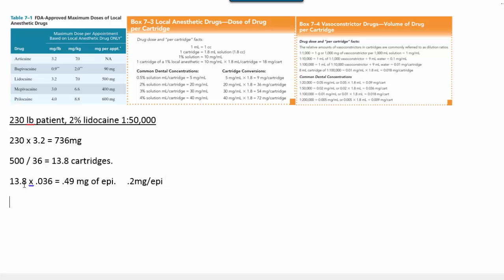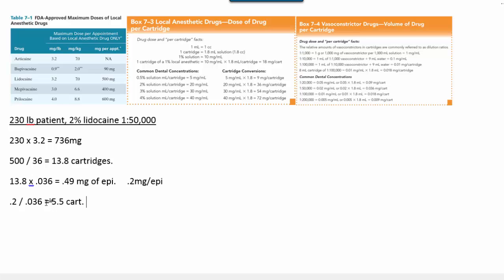But how many carpules can he have at 1 to 50,000? If each carpule of 1 to 50,000 is 0.036 of epinephrine and the MRD is 0.2 for every healthy patient, then 0.2 divided by 0.036 is going to equal 5.5 cartridges.